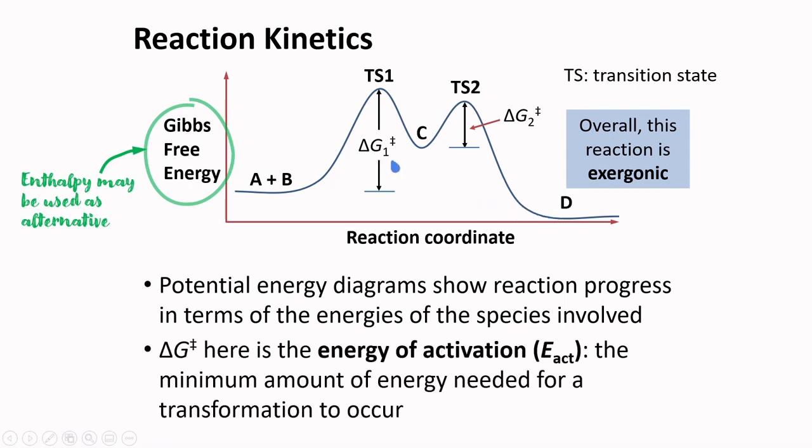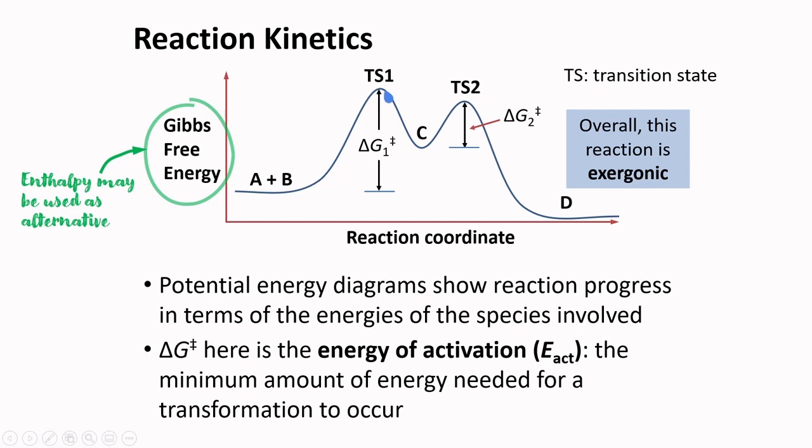This value here is called the Gibbs free energy of activation, or energy of activation, EACT. It is the minimum amount of energy needed for the transformation to occur. We need this much energy, in the case shown here, to reach the transition state.